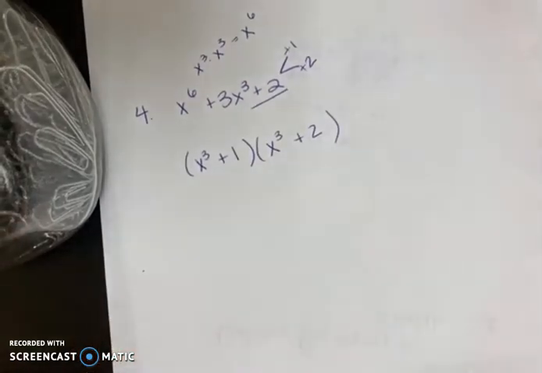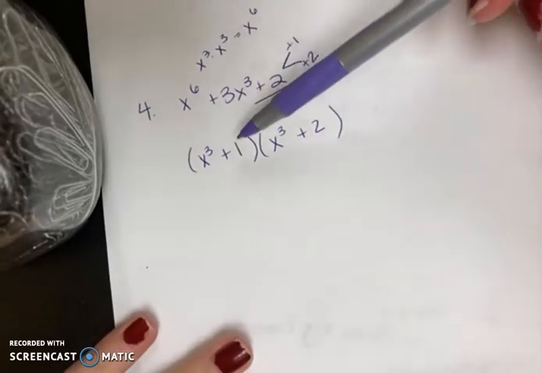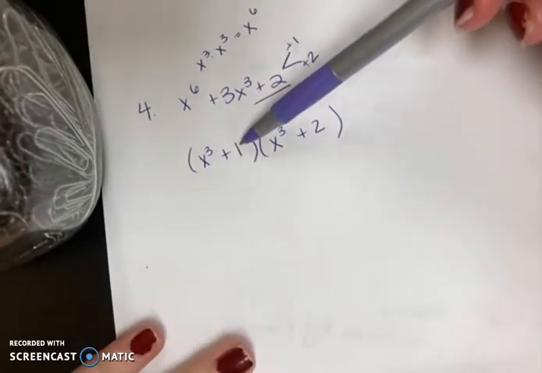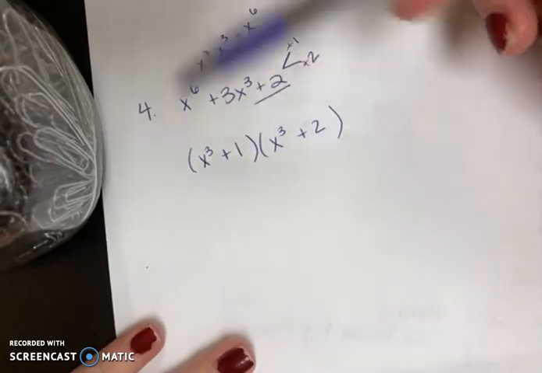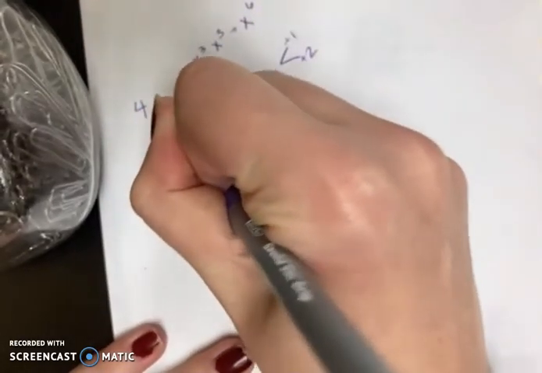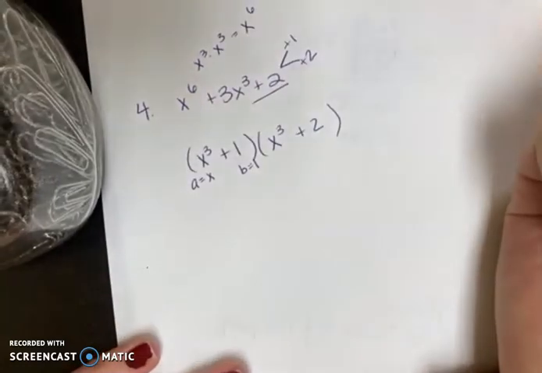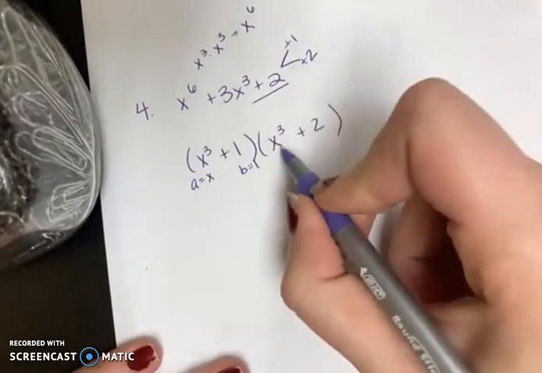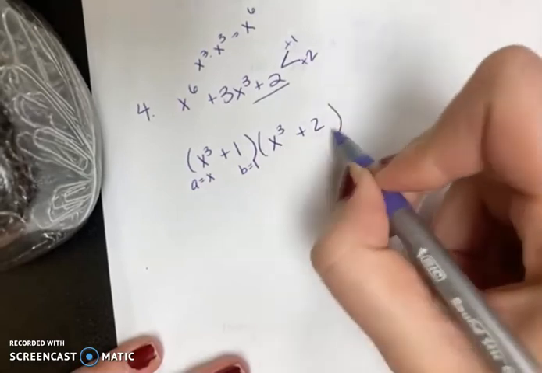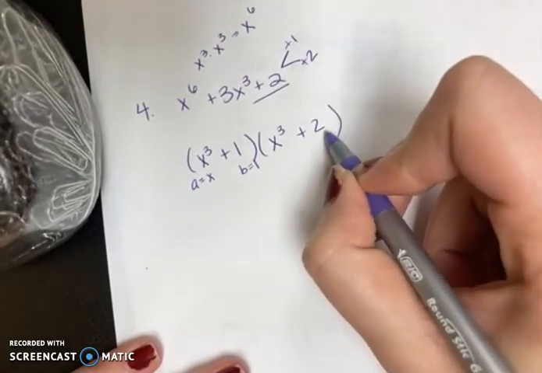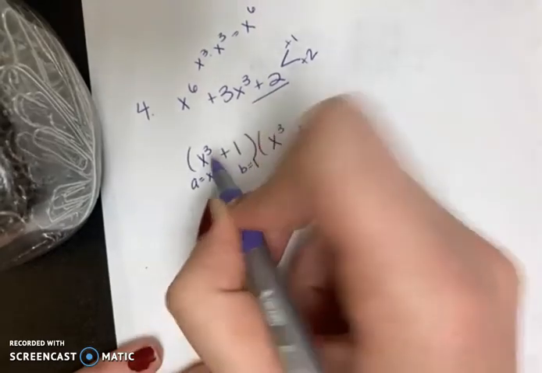Now, I need to check and see if I'm done, and no, the answer is I am not done. This is actually a sum of 2 cubes. Notice how x being cubed would give me x cubed, and 1 being cubed would give me 1. The x cubed plus 2, this is not a sum of 2 cubes because nothing cubed would give me 2. So I can simplify this further.